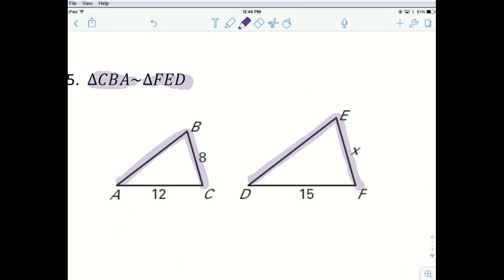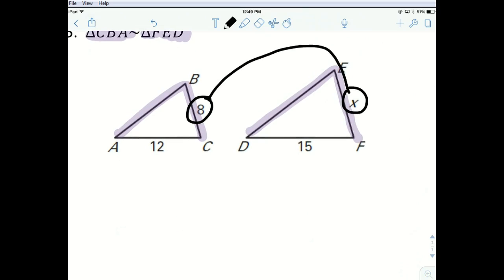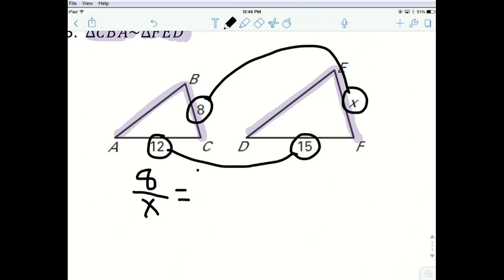So now I know that I can just match them up as I see them. I'm going to start on my left one and match it up to my right triangle. That match up there is 8 over x. And the second one is 12 matching up with the 15.